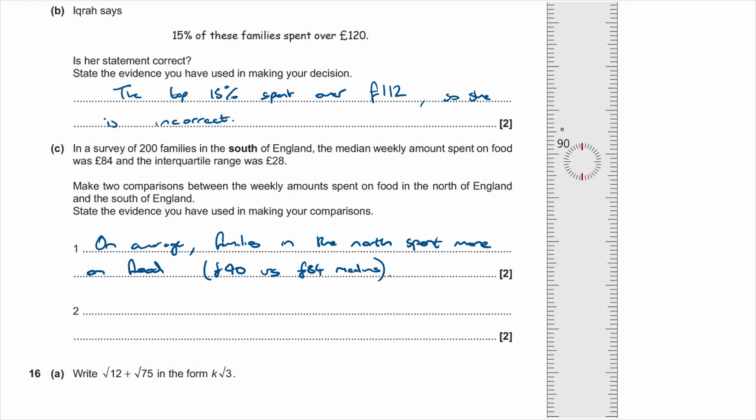Then the interquartile ranges. It's a much smaller value for the south, which means that they are much more similar to each other than the north.